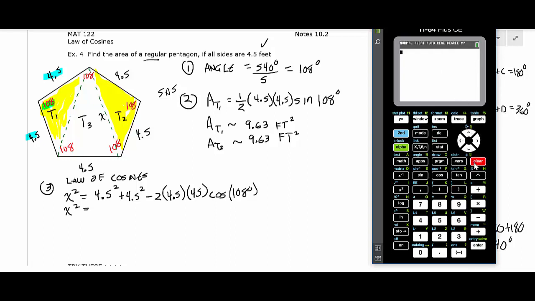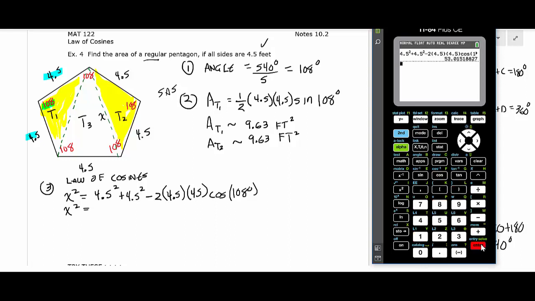Got to be so careful when you put this stuff in. So I got 4.5 to the second, lucky I caught that too, plus 4.5 to the second. That gives that. And then minus twice the product, 4.5 times 4.5, and then the cosine of 108. So hopefully I got this put in correctly now.